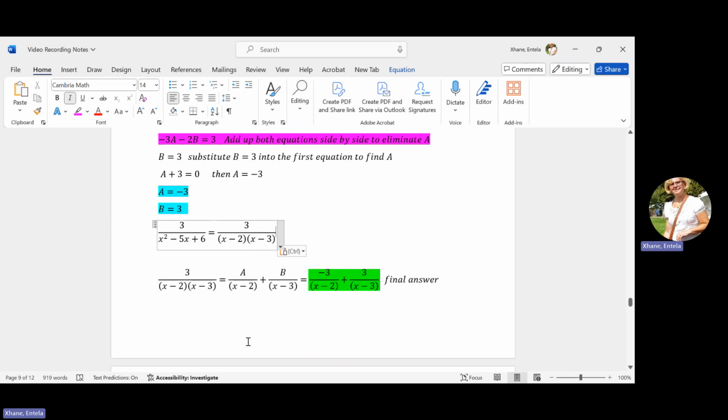And then from that point on, this is fully now decomposed into negative 3, which is coefficient a, over x minus 2, plus 3, which is coefficient b, over x minus 3. And that's what I call partial fraction decomposition.